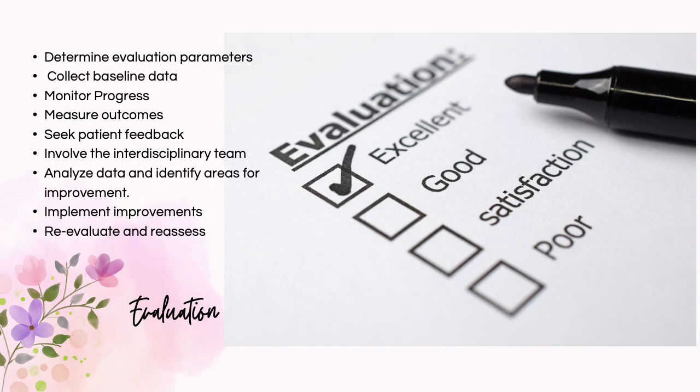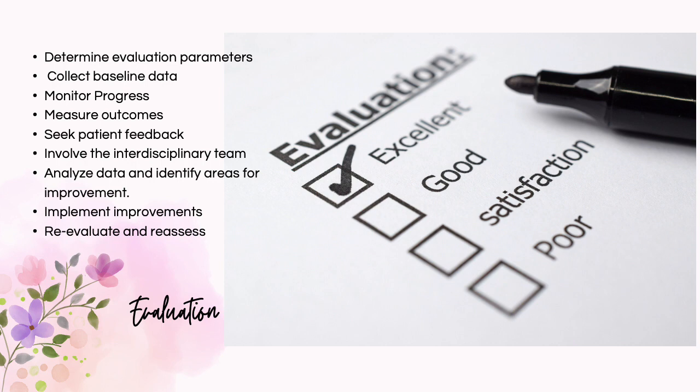Evaluating early ambulation post-op involves assessing the effectiveness of early ambulation in improving patient mobility, functional recovery, and overall outcomes. So here are some of the steps to evaluate early ambulation in decreasing the length of stay. You want to determine evaluation parameters, collect baseline data, monitor progress, measure outcomes, seek patient feedback, involve the interdisciplinary team.